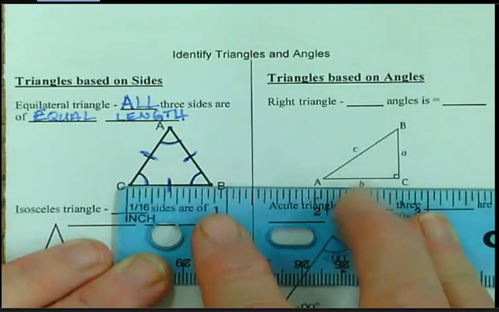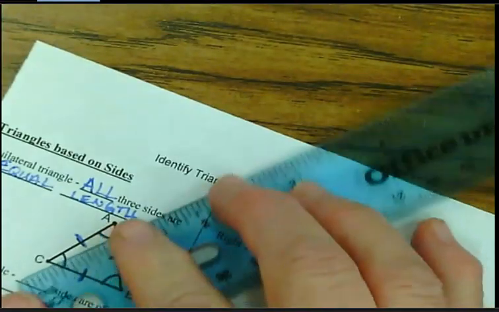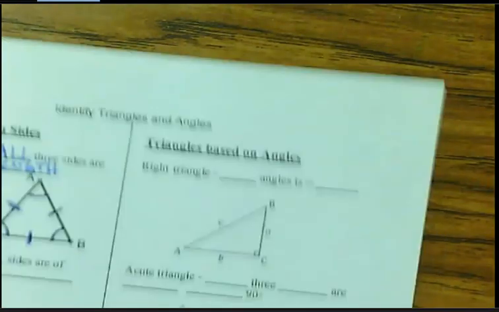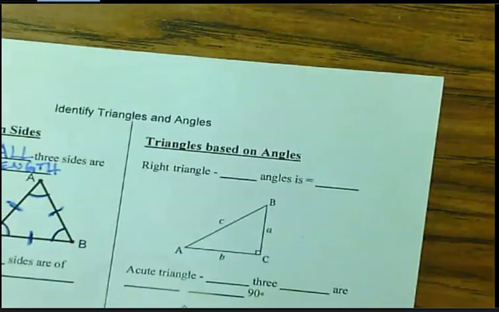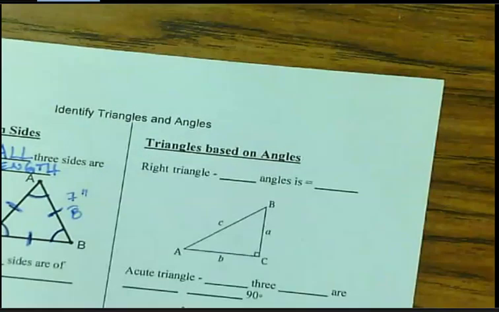So this is 7/8 of an inch, and then I would check, and sure enough, 7/8 of an inch. And then the other one would be 7/8 of an inch. So each side is 7/8 of an inch.